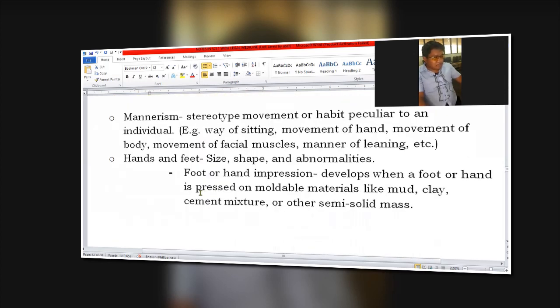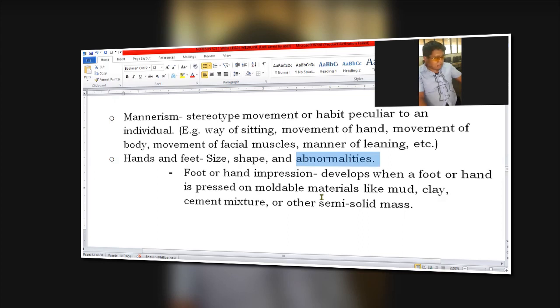Hands and feet also can be used to identify a person. Yeah. No? Sa paa pa lang, sa kamay pa lang, kahit hindi mo natignan ang mukha, then you can say the name of the person or identify him dahil sa hands and feet as to size, shape, and even abnormalities. Yan. So ang paa natin, merong size, shape, and abnormalities that we can use to establish the person.